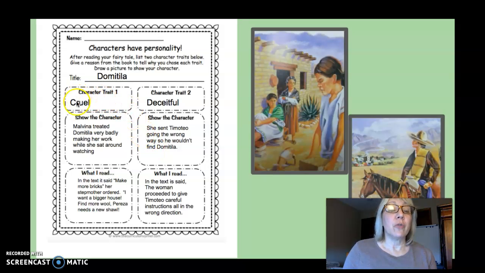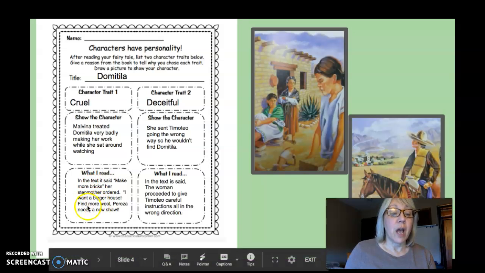My first character trait is that she's cruel, and how this shows in the story is that Malvina treated Domitila very badly, making her work while she sat around watching her daughter do things and watching Domitila do all the work. You can see by the picture over here that's where I got that from. And what I read in the text said, make more bricks, her stepmother ordered. I want a bigger house. Find more wool. Pereza needs a new shawl.